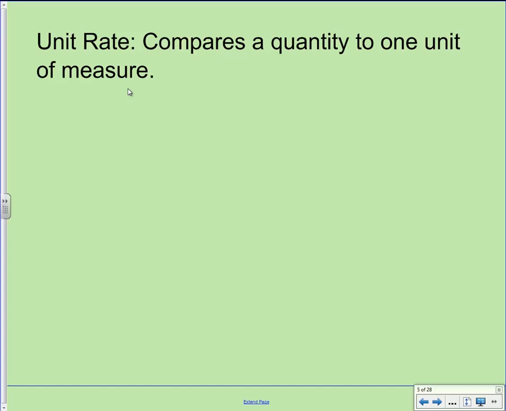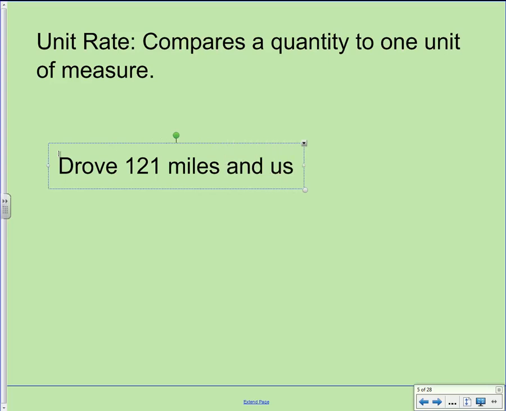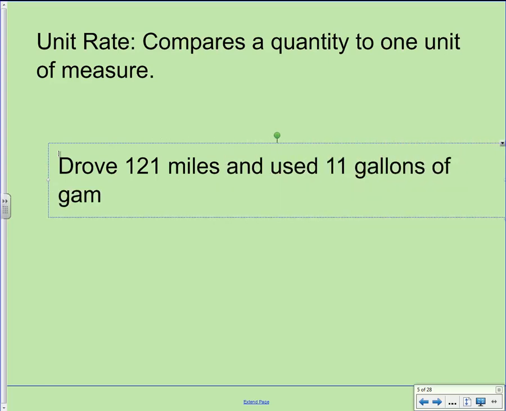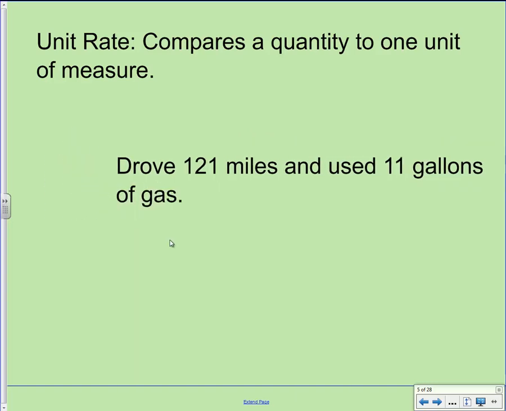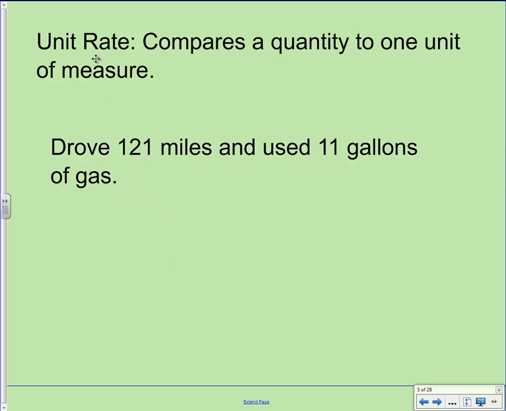So for example, the problem that I'm going to give you to work first is this guy. It says we drove 121 miles and used 11 gallons of gas. It wants to know what our unit rate is.